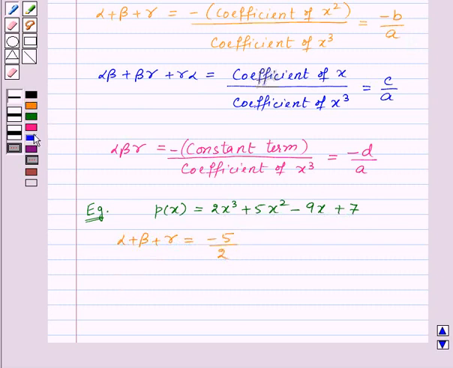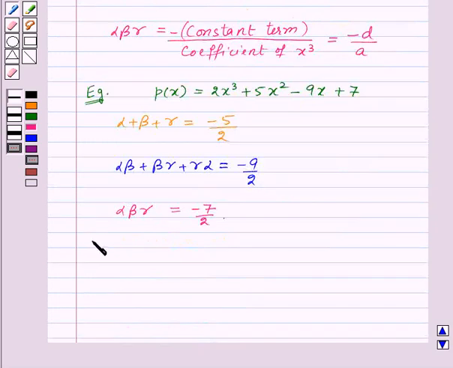And alpha beta plus beta gamma plus gamma alpha will be equal to c upon a, that is minus 9 upon 2. Similarly, alpha beta gamma will be equal to minus d upon a, that is minus 7 upon 2. So this is the relationship between the zeros and the coefficients of a polynomial.